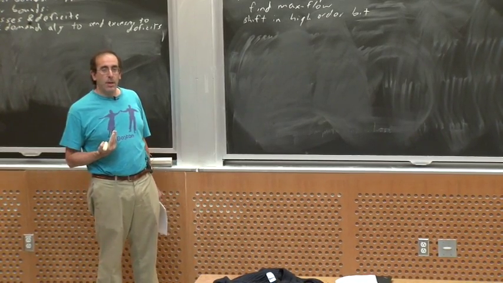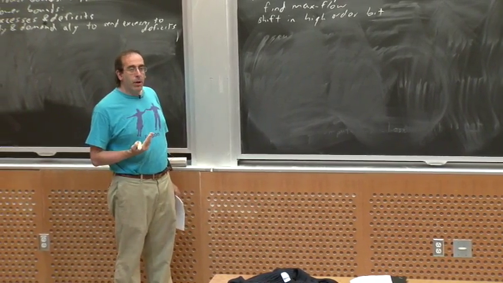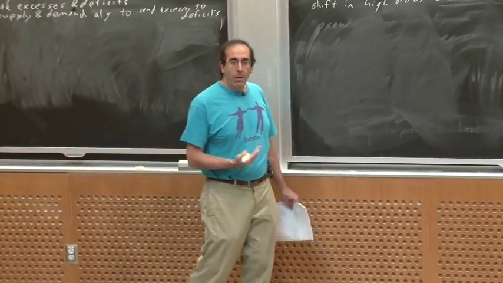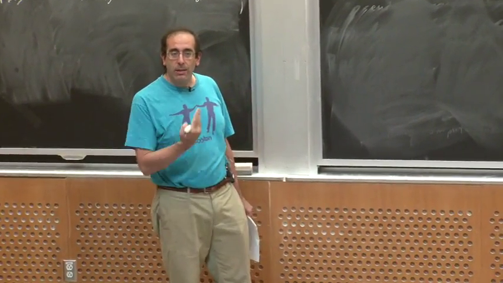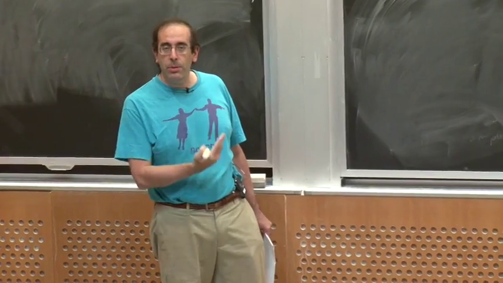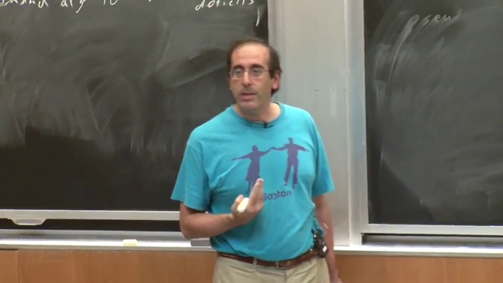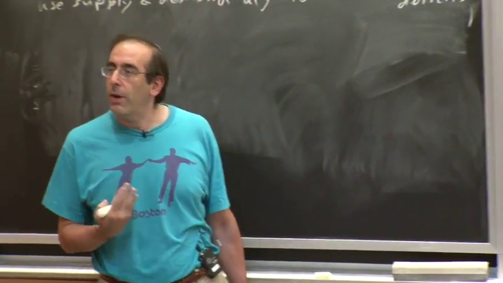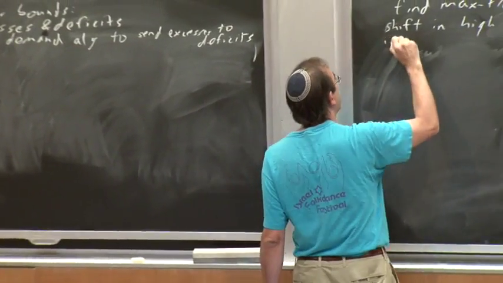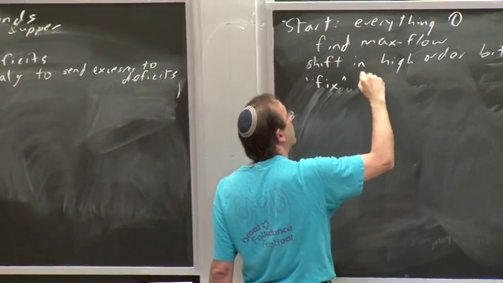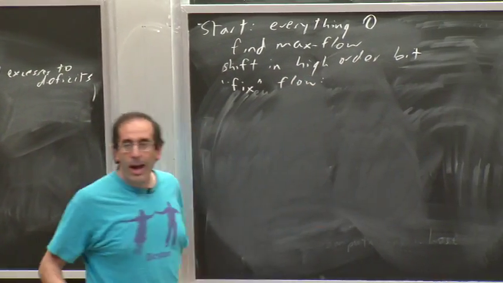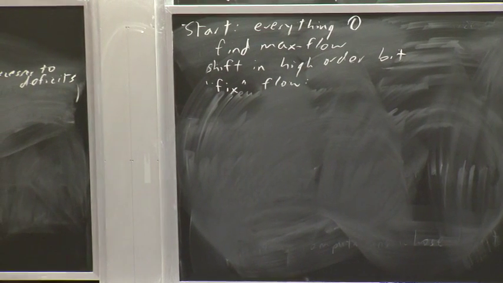So now we have a graph where we had a max flow, but now we've brought in some more capacity. We've turned some zeros into non-zero capacities. So we no longer have a max flow. We need to fix the max flow. How do we fix the flow?